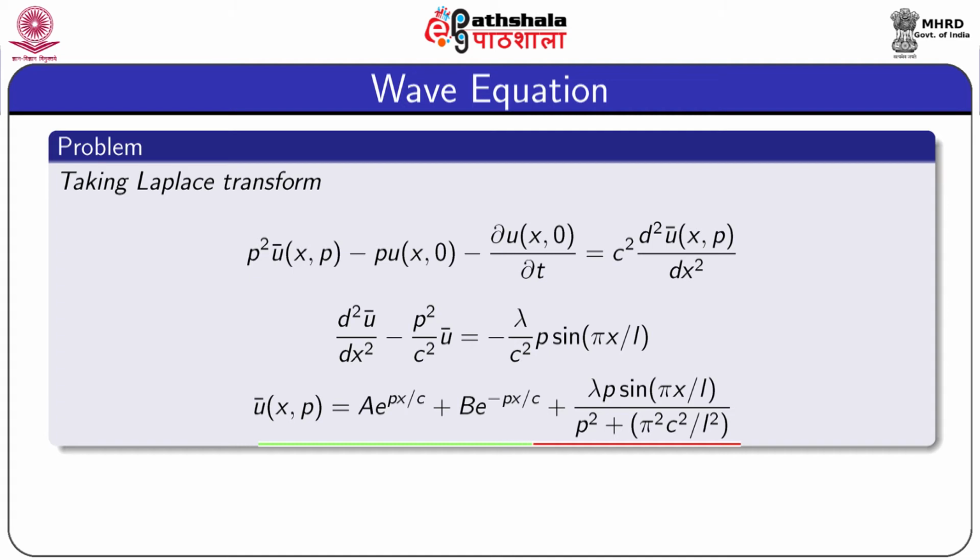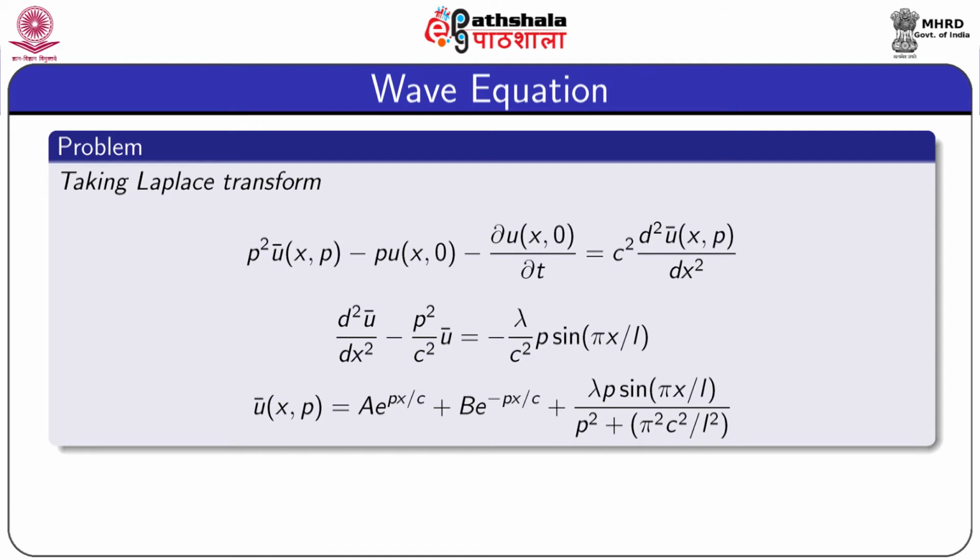The expression for the particular integral is lambda p sin pi x by L divided by p square plus pi square c square by L square.